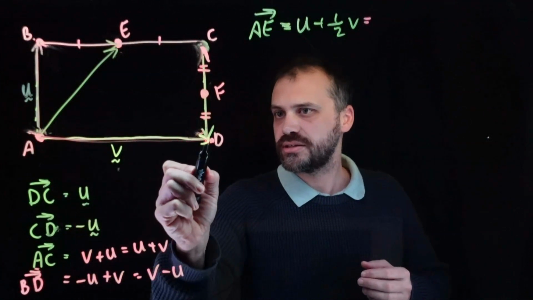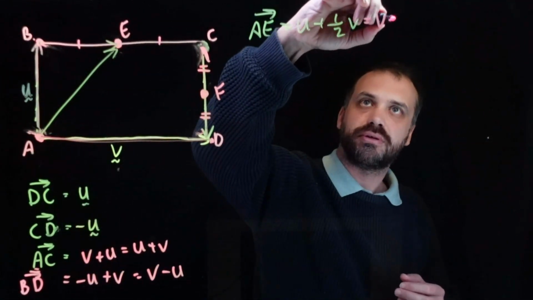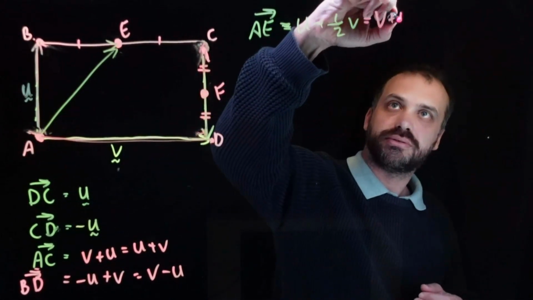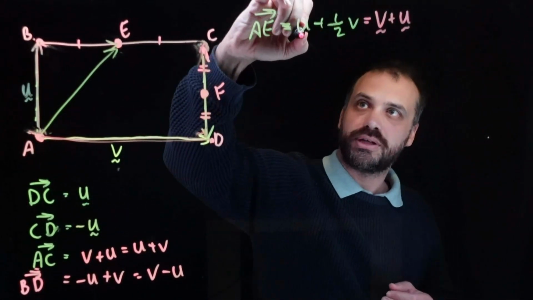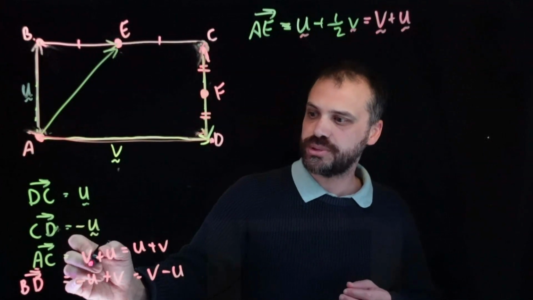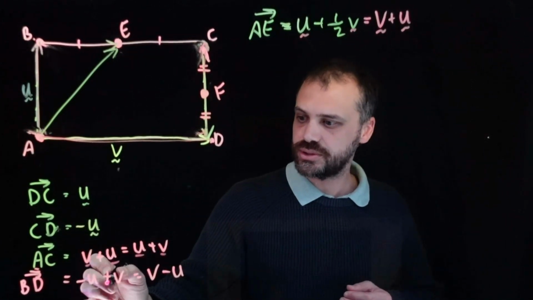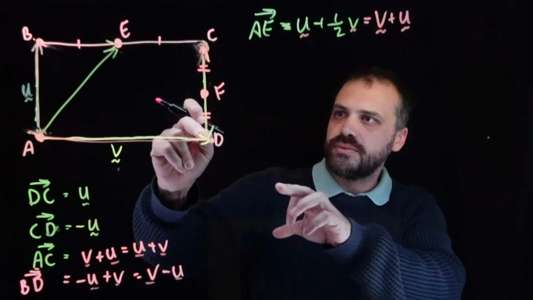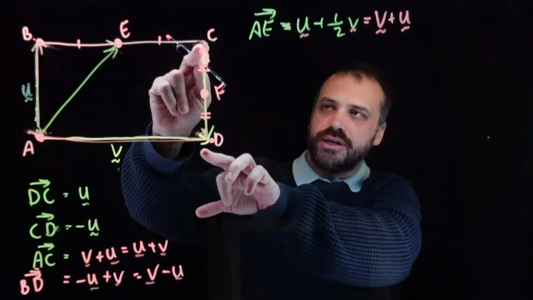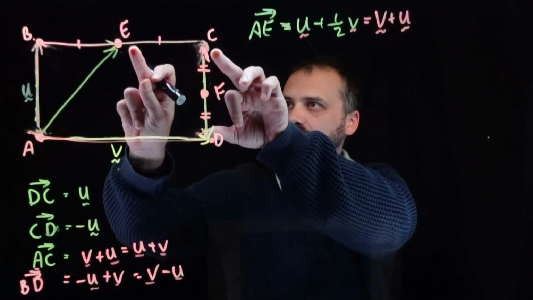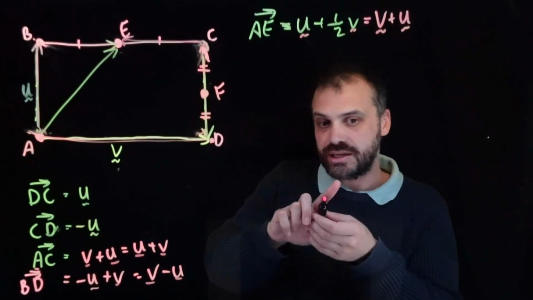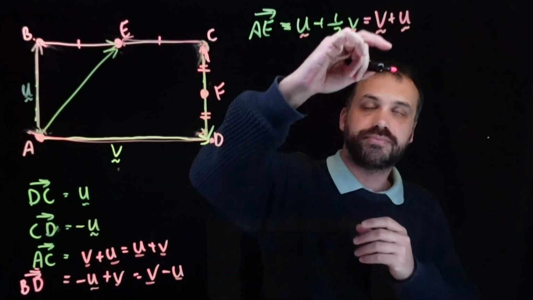Vector v plus vector u, and then this vector here, which is half of negative v.